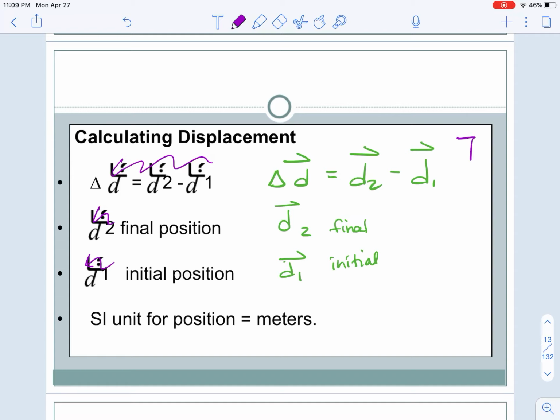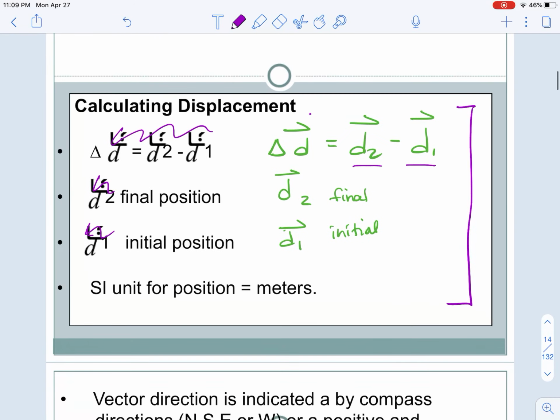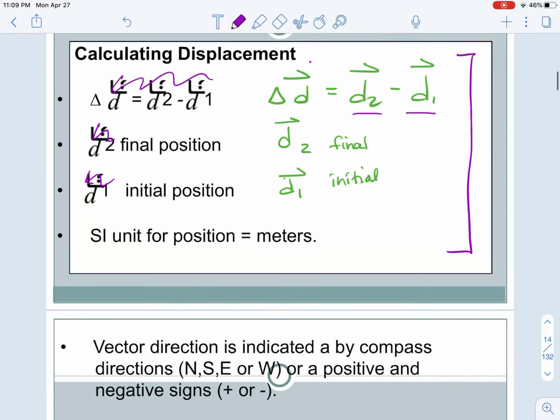And I don't know why these funny symbols came out when I converted this to a PDF, but anyways, I fixed it up here on the side so you can look at this, that when you calculate displacement, we put this little arrow on top here to indicate that it's a vector quantity, and we always go from the final minus the initial position.